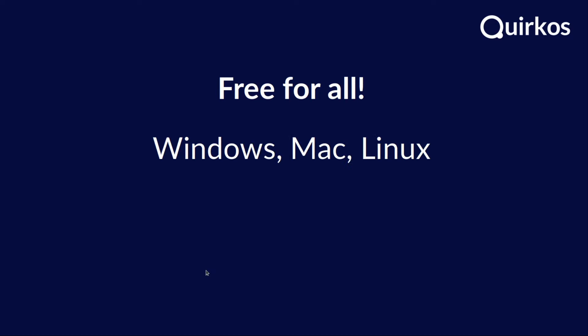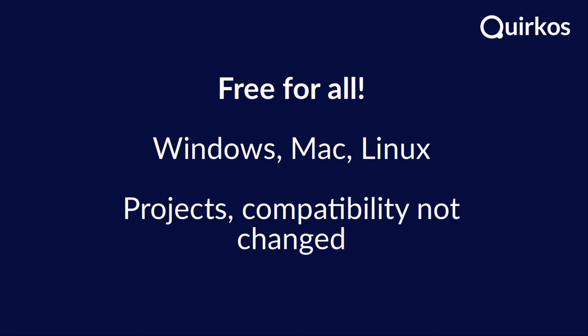Now, with all our updates, it's a free update for everyone on Quirkos 2, whatever version you're coming from. It's available today, absolutely identical for Windows, Mac and Linux. You can collaborate across those platforms, you can share project files. There's no difference in the documentation or any of the functionalities or capabilities. They're all identical. And all of your projects and compatibility is not changed in the new version.